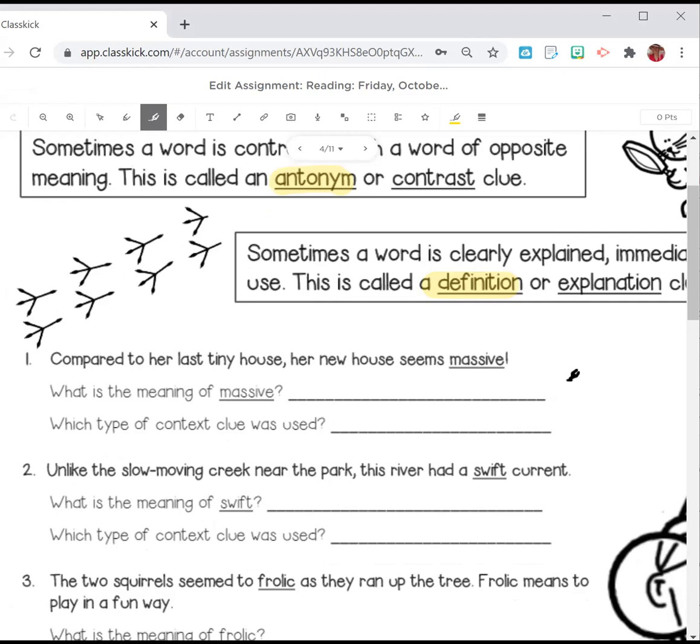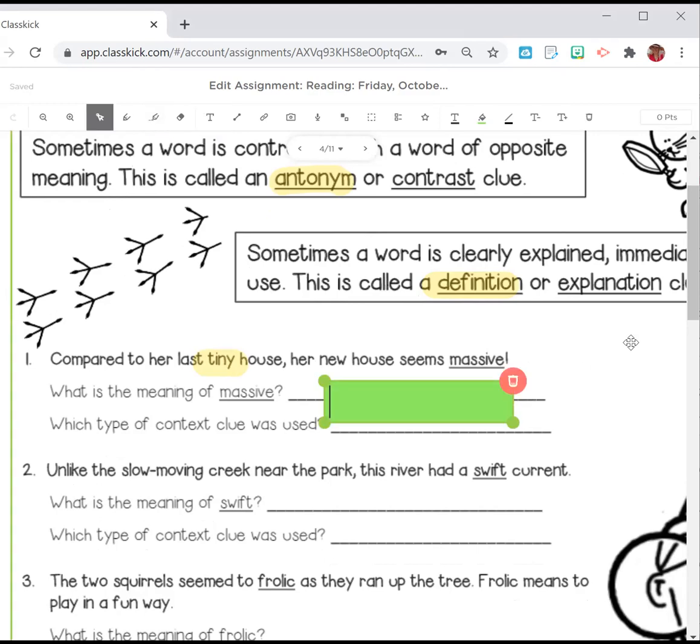Compared to her last tiny house, her new house seems massive. So we can use compared to. If her house was tiny, we're looking at massive. That is the opposite. So we are using an antonym. Please write this on your page now.